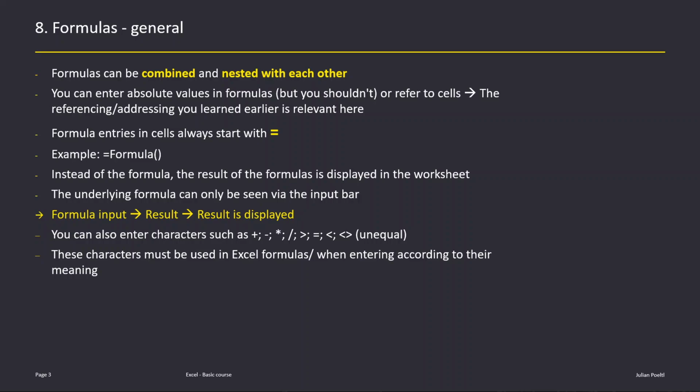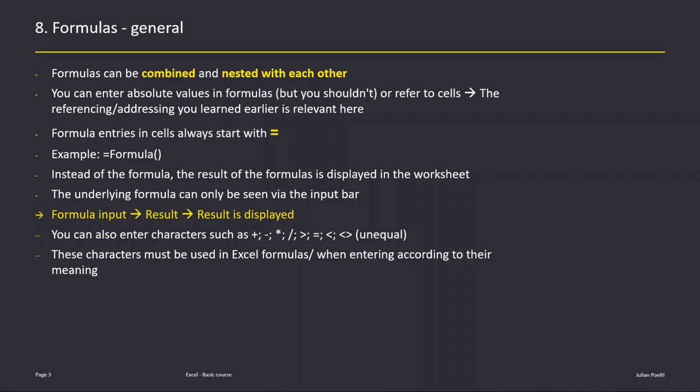Do not enter absolute values in formulas. Formulas are always entered with an equal sign at the start. There are also some guys doing it with a plus. This is also possible, but most guys start with an equal sign. Although there's a formula behind it, you will only see the result displayed in the worksheet, and you need to go into the input bar to see the underlying formula resulting in the result.